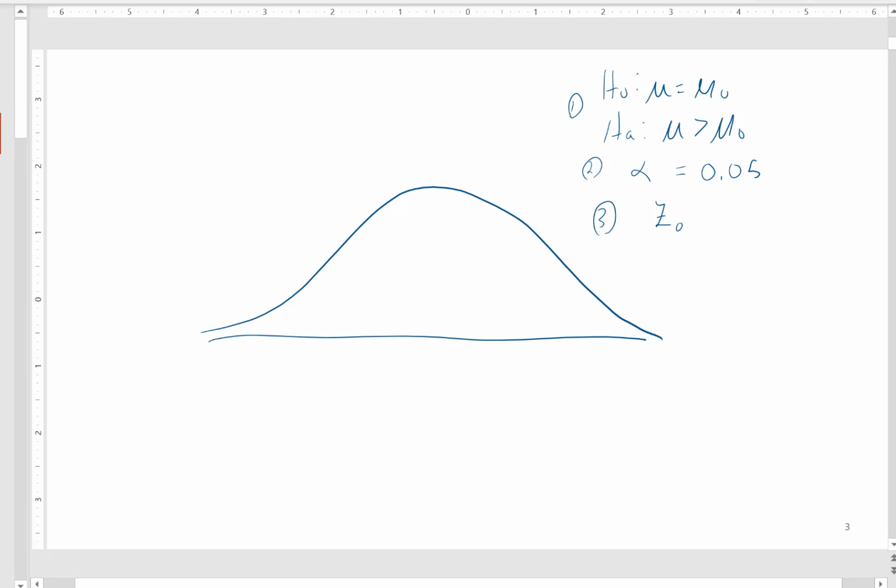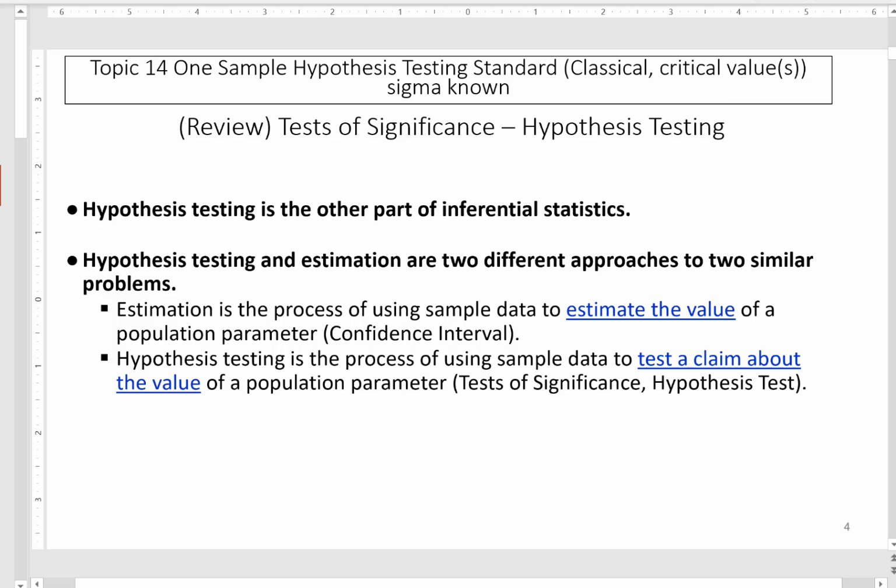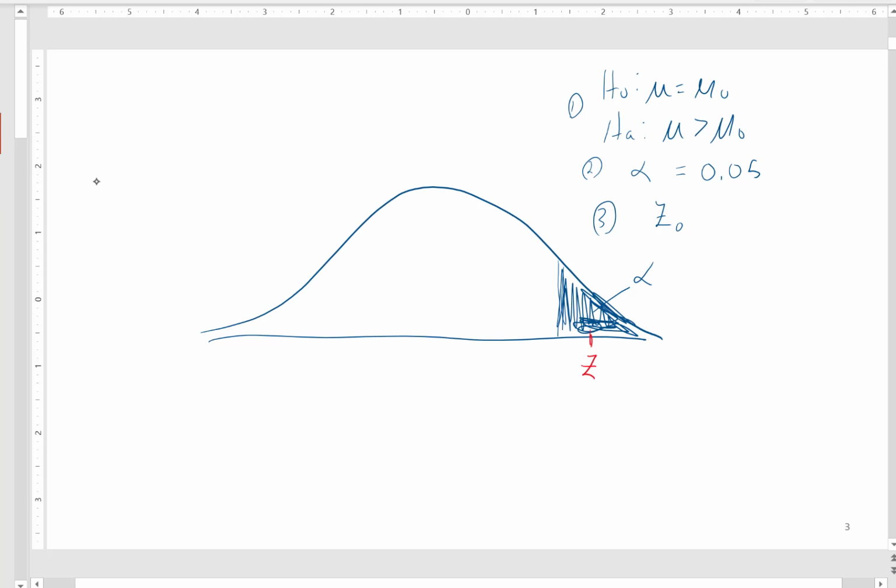In a right-tailed test, this darkened area right here is alpha, the probability under that curve. And our test statistic was Z naught, and it would be here.